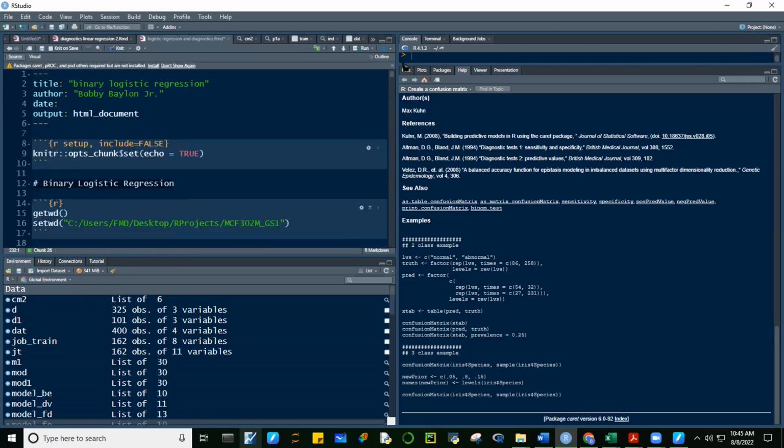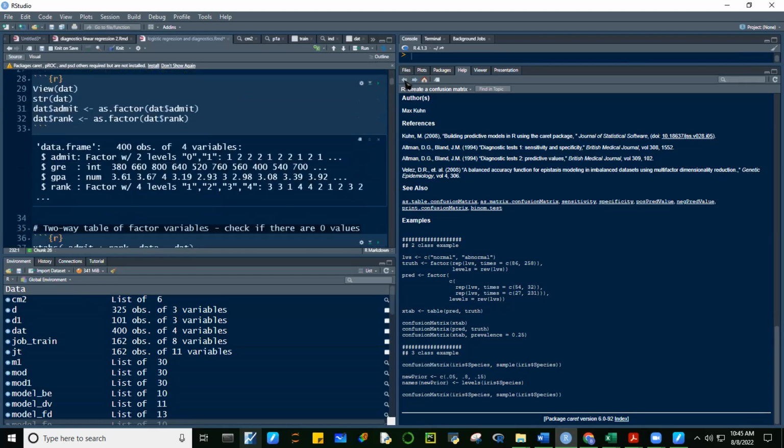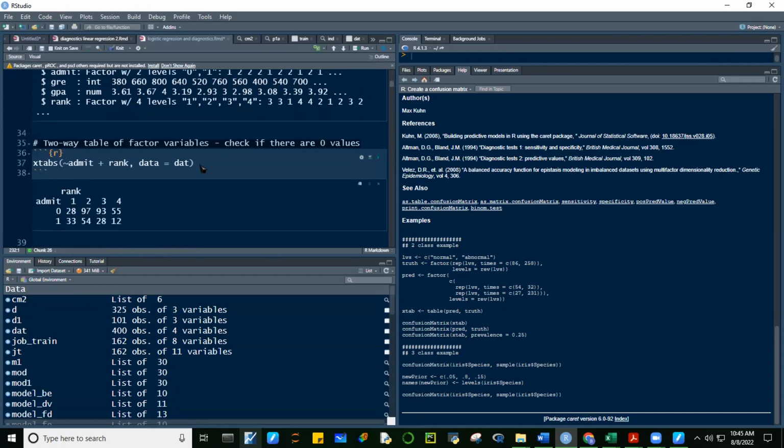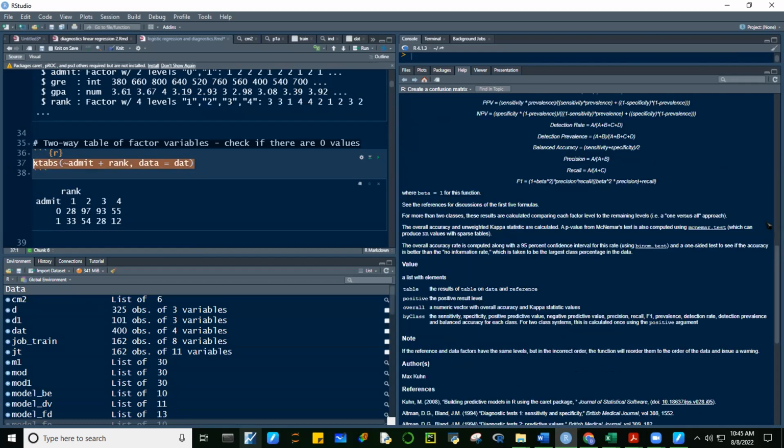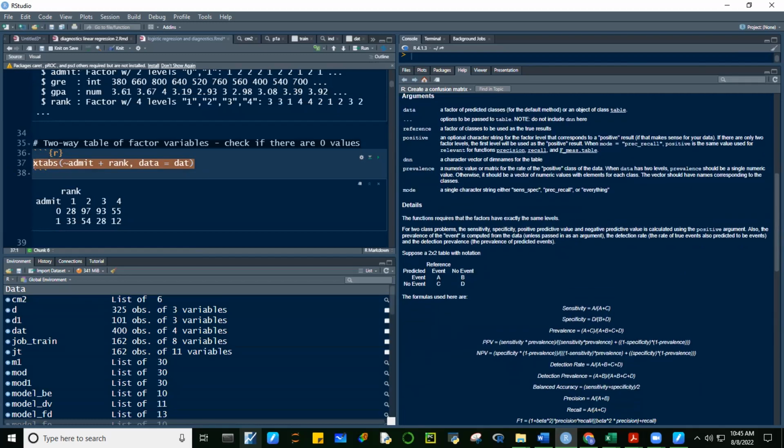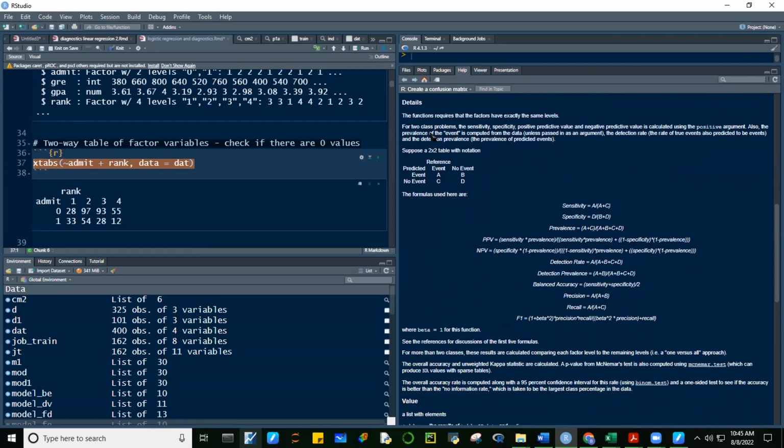So, you recall nag-cross tabs tayo dito kanina. So, let's reproduce this. Control C. By the way guys, dito sa details, sa help function, meron tayong explanation dito.